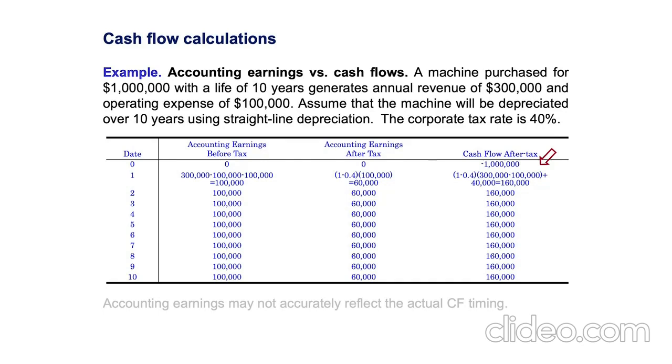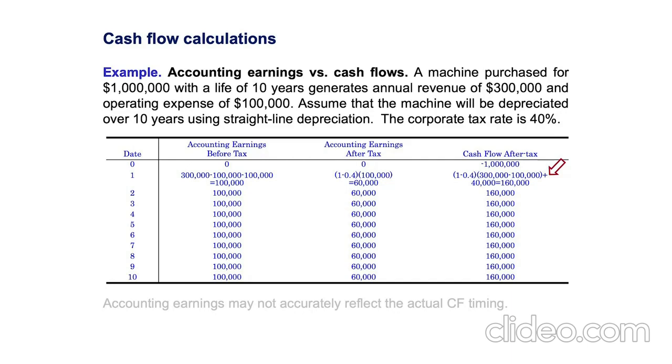The actual cash flow from the project is given in column 4 in the table. It's computed as follows. In year 0, the cash flow is minus 1 million, the capex amount paid at that time. In year 1, the after-tax cash flow equals the after-tax profit plus the tax credit from depreciation. The first part equals 1 minus 0.4, the tax rate, times the operating profit, which is 300 minus 100, revenue minus expense, or $200,000.